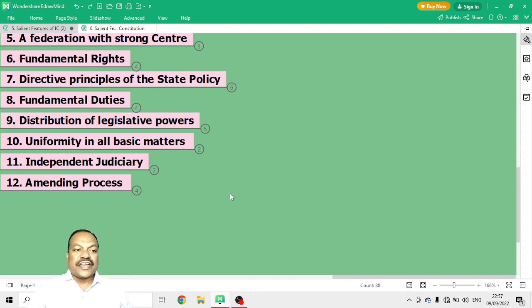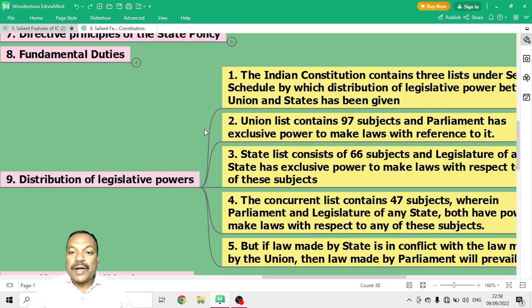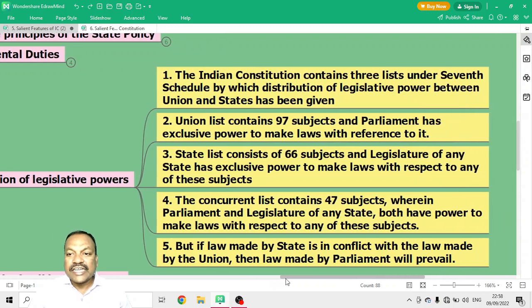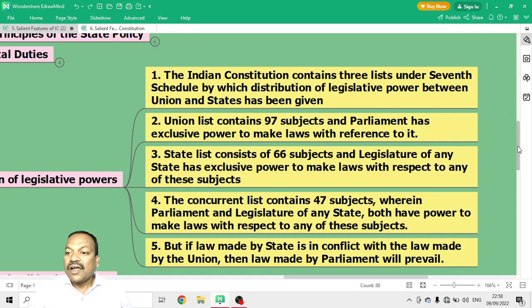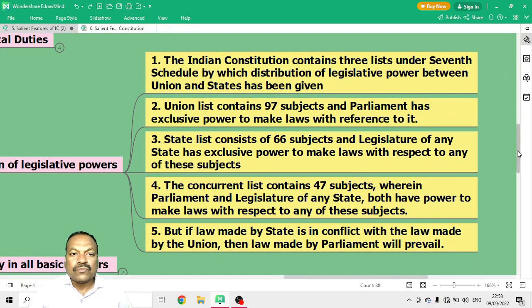Now, our next characteristic is the distribution of legislative power. Here powers are distributed at different levels, that is at the central as well as at the state level.